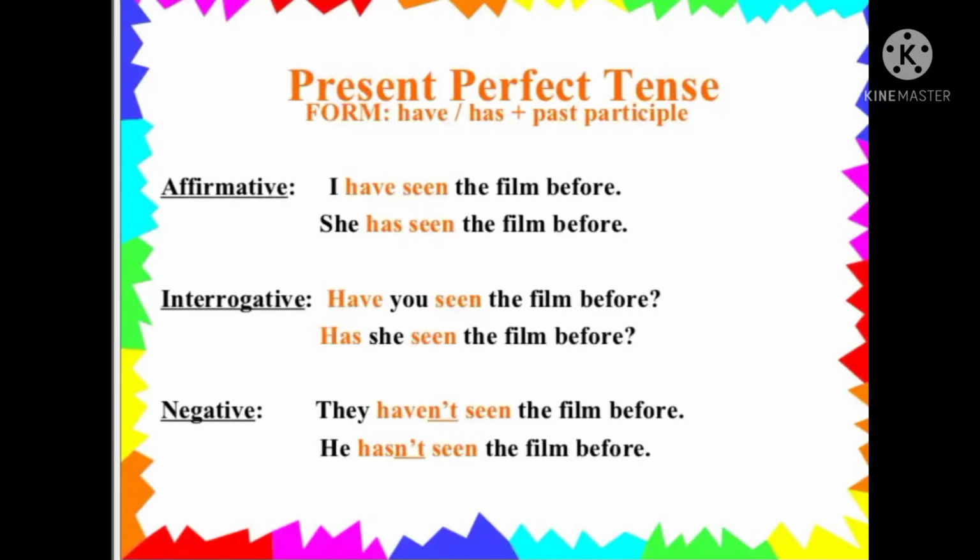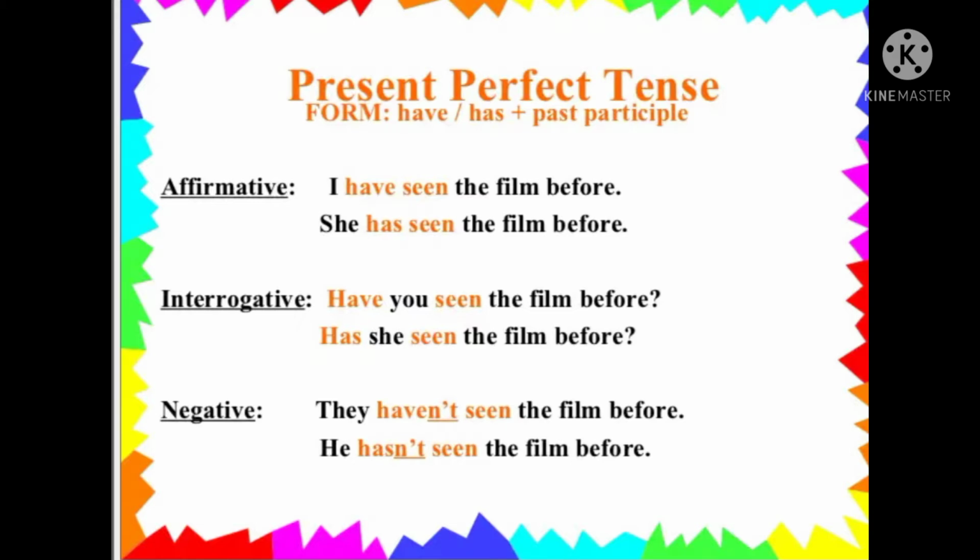In order to form affirmative or positive sentences, this is the way: subject plus have or has plus V3 form. Okay, that is, I have seen the film before. She has seen the film before. And interrogative sentences: have you seen the film before?